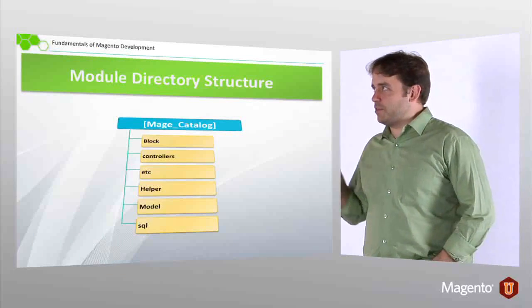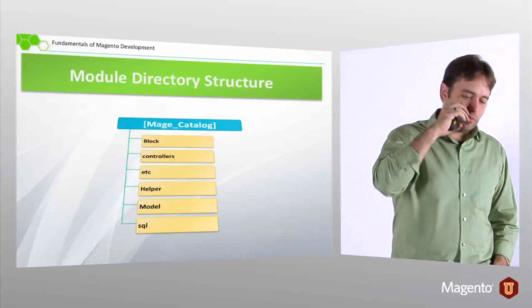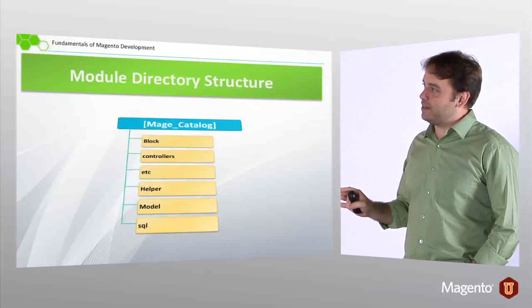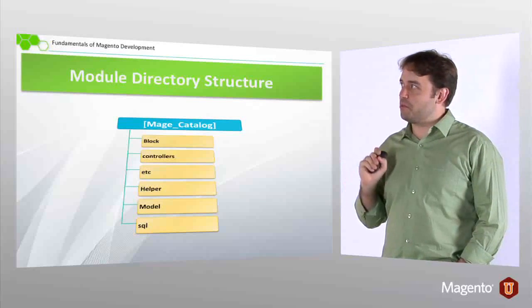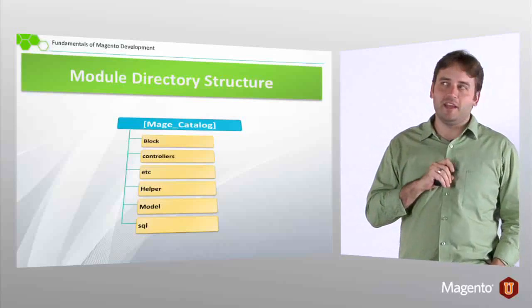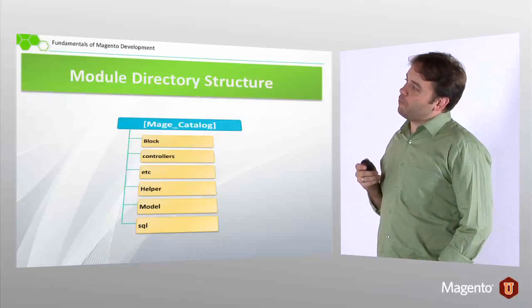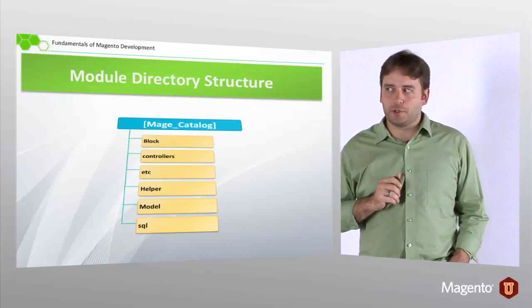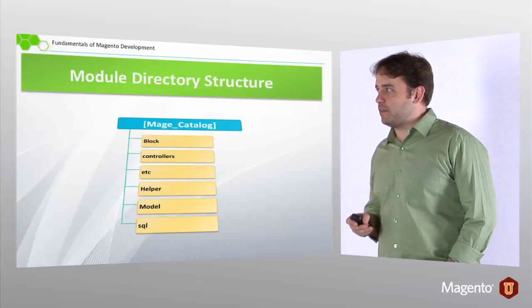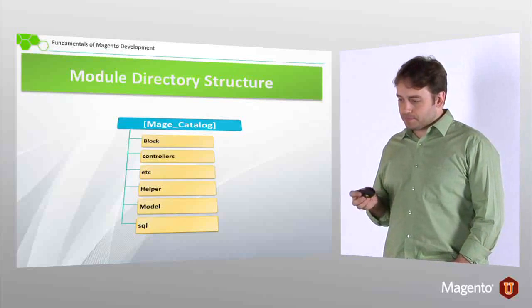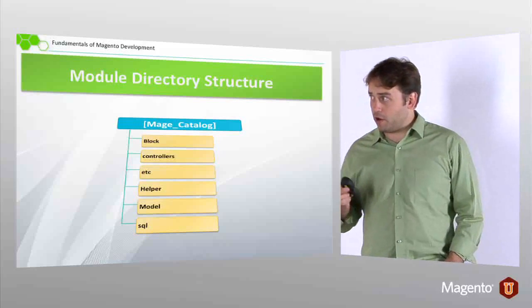It's time to look at what modules actually look like in the file system, and this is what you'll see pretty much every time you look at a Magento module. For reasons that we'll get into when we look at the autoloader, there are a few files here that are convention-based, and a few that are configuration-based.